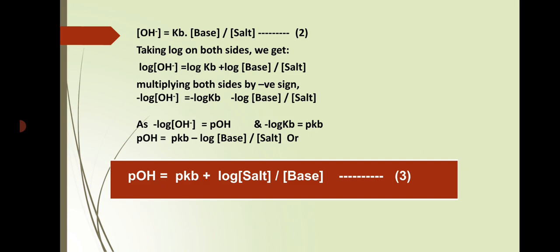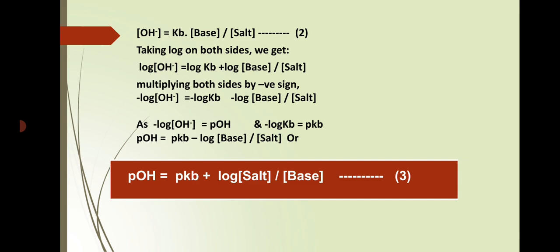Taking log on both sides, we get log of concentration of OH- ion is equal to log of Kb plus log of concentration of base divided by concentration of salt. Multiplying both sides by a negative sign, we get negative log of OH- ion is equal to negative log of Kb minus log of concentration of base divided by concentration of salt.